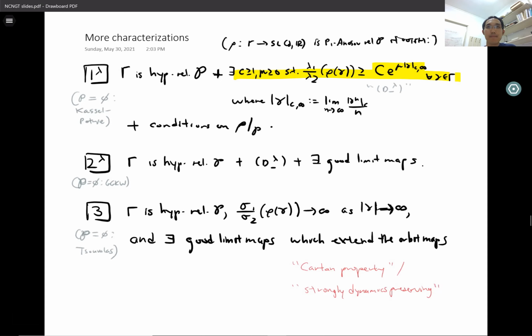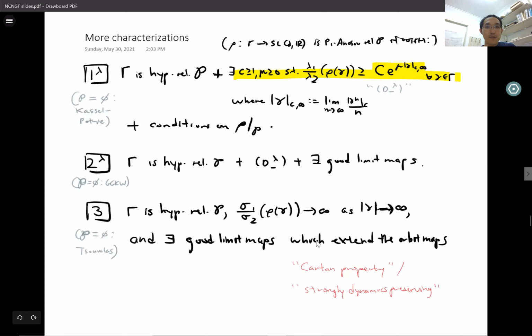And finally, this one is partly work in progress. One can weaken the D minus singular value condition in characterization 2 to just require that the singular value gap goes to infinity as our elements go to infinity, not necessarily a priori at any uniform rate. And the price we pay for that is that we have to assume slightly more for the limit maps.